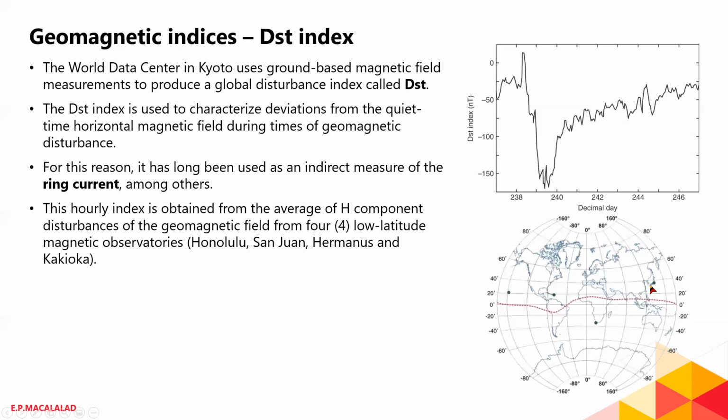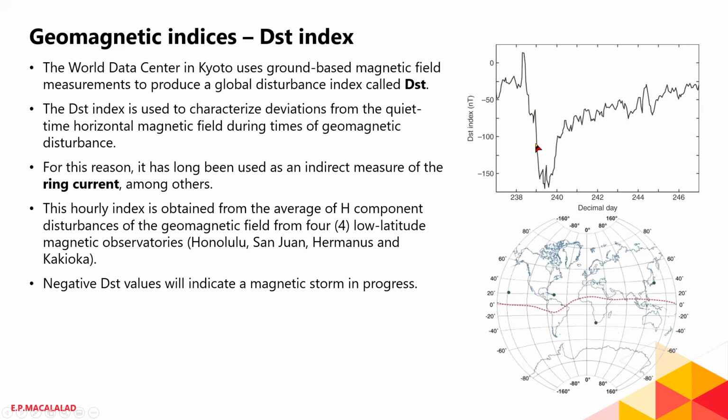From the magnetic field measurements from these four stations, the World Data Center in Kyoto regularly produces your Dst index. So essentially, when you have Dst values that are negative, this means that the magnetic field is weakened, caused by the magnetic storm process.